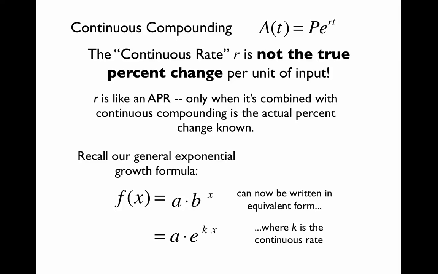Remember it. So, how do these line up? a is the same. What else is the same? The input is the same. So what does b, our growth, remember we said b was the centerpiece of exponential growth, right? So now in this new form, what is b? e to the k. So in this new form, b is equal to e to the k.